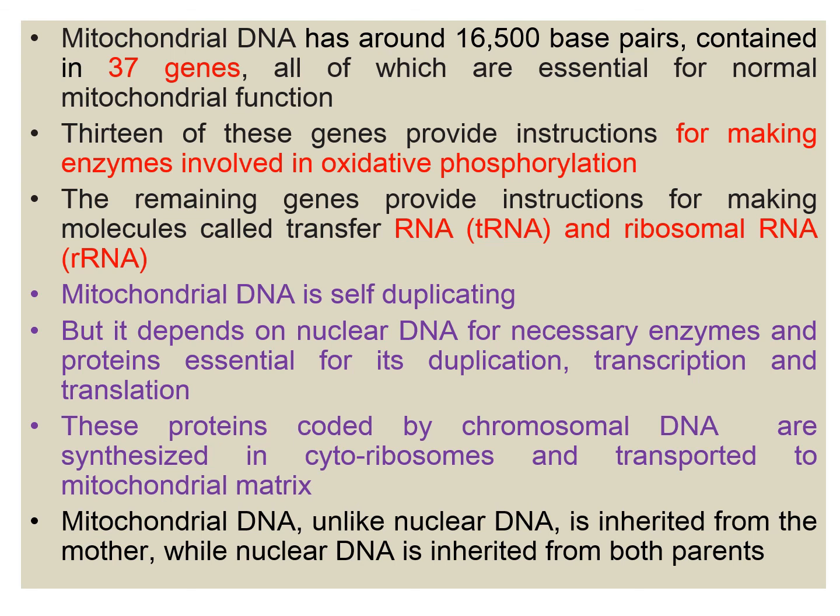The sperm cytoplasm does not contribute to the zygote. The egg cytoplasm contains mitochondria, they contain the mitochondrial genes, and so a zygote will receive mitochondrial DNA only from the mother. So mitochondrial DNA, unlike nuclear DNA, is inherited from the mother, while nuclear DNA is inherited from both the parents.